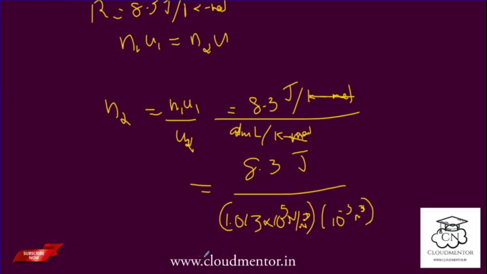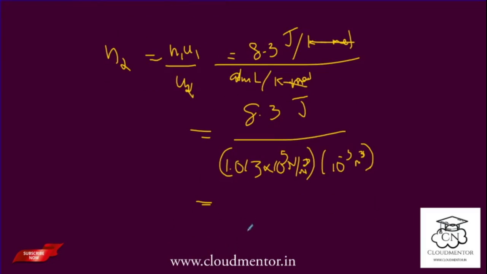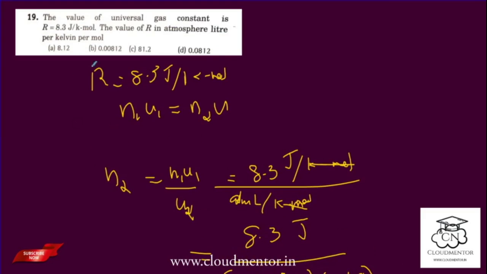Now we get 8.3 divided by 10 raised to 2, which equals 0.0812. Looking at the options, 0.0812, so option D is the right answer.